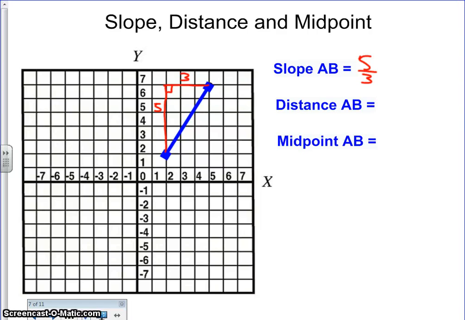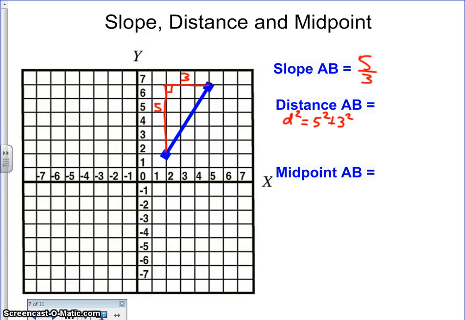So the distance squared, I'm just going to go ahead and say d squared, is going to be equal to 5 squared plus 3 squared. This is where your calculator takes over. 5 squared is 25, and 3 squared is 9, and when you add those together you get 34.